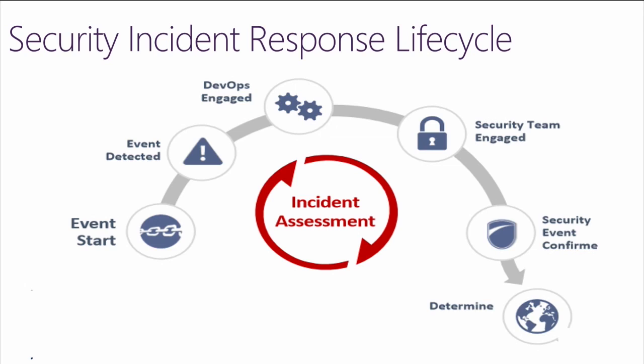Then for us to be able to get involved, the event has to be detected. This could be an app where the dev operation team has to be engaged, or a server or a network, or A to Z anything where the security team has to get engaged. And after all, the event will be confirmed where we can go and do a damage analysis.